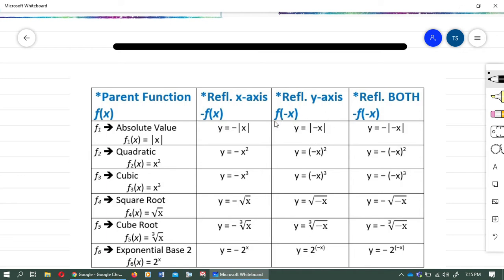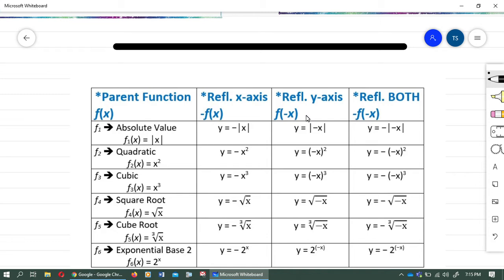Then you see in the next column that general form where there's a negative inside of your function. For that, where you're multiplying by some negative number inside your function, we know that that's going to be a reflection about the y-axis. And that is a horizontal reflection.